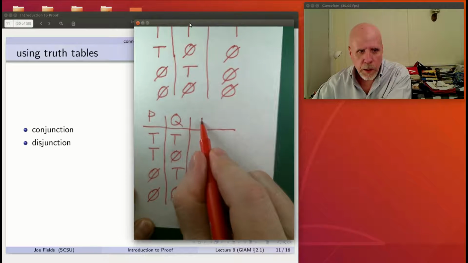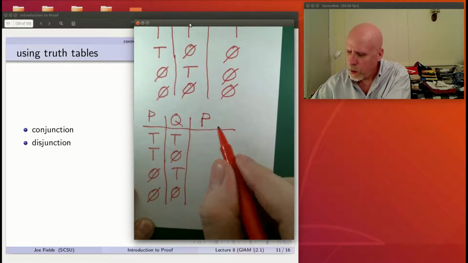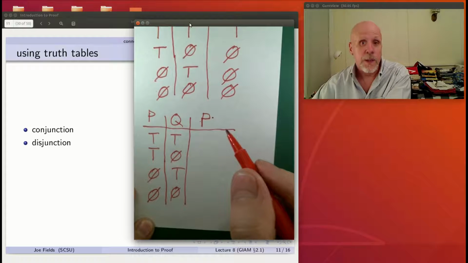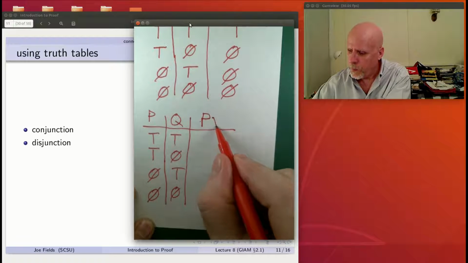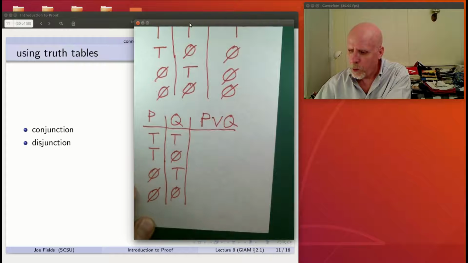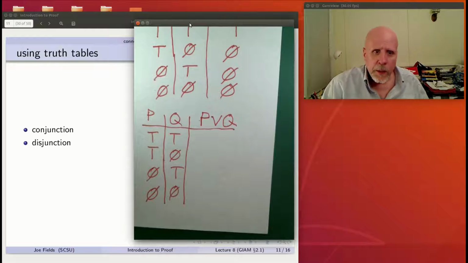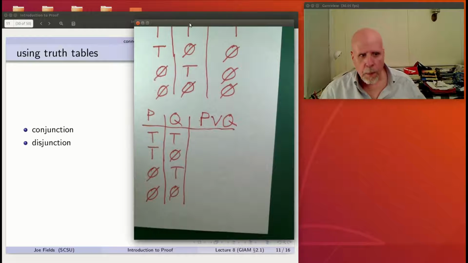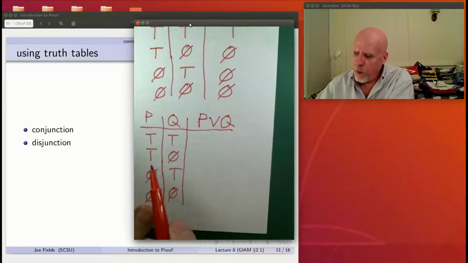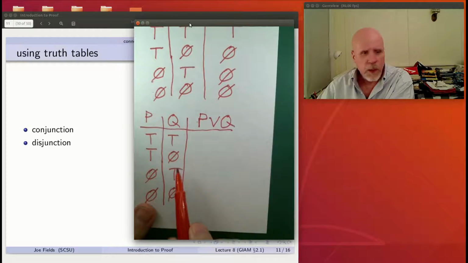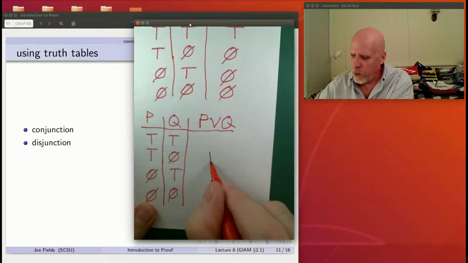All right, and the other column we want here is the disjunction of P and Q. So P or Q. So when is P or Q true? There is slight disagreement about this. If the first one's true and the second one's true, we definitely think of them as true.